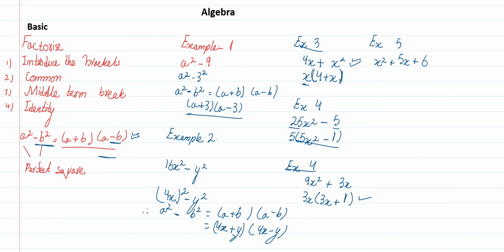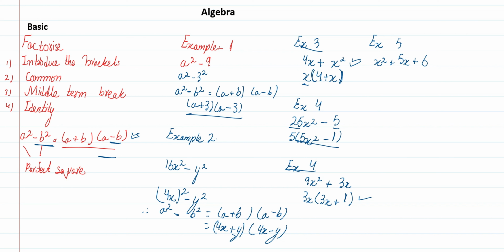Now here this is a quadratic equation. Quadratic means the power of any variable is in square form, so that expression or equation is considered a quadratic. So this one is a quadratic expression.